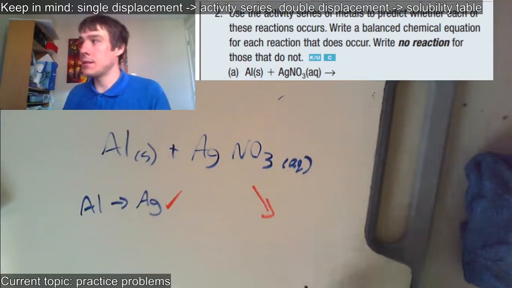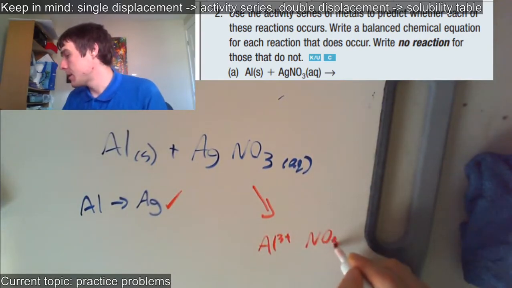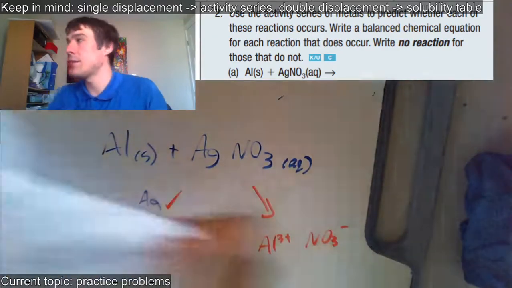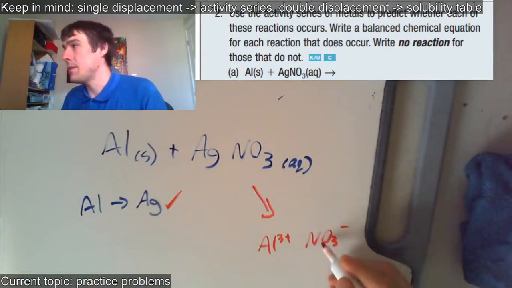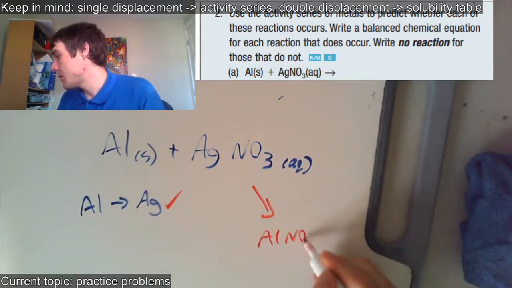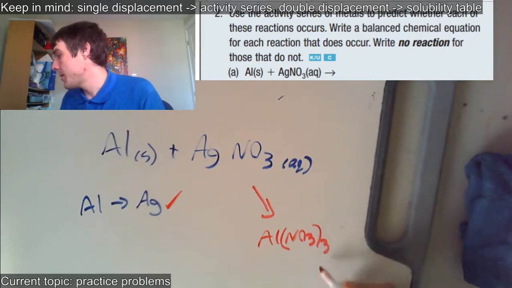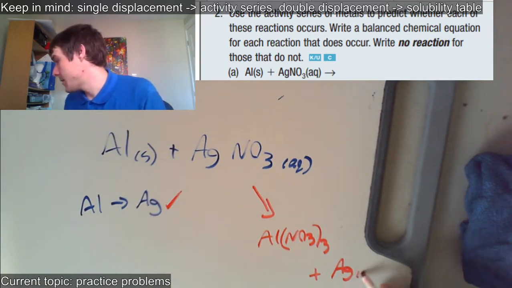Well, the aluminum is going to make an aluminum 3+. The nitrate is an NO3-. I just get that from this table of ions here. So I'm going to need 3 of these to match 1 aluminum. That's Al(NO3)3, and then the silver is going to end up by itself, just silver. That's going to be solid silver.